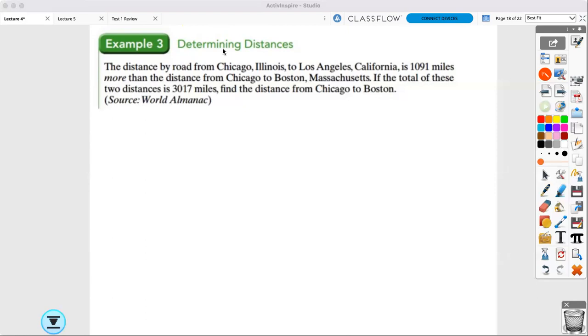The distance by road from Chicago, Illinois to Los Angeles, California is 1,091 miles more than the distance from Chicago to Boston, Massachusetts. Now, if the total of these two distances is 3,017 miles, find the distance from Chicago to Boston.